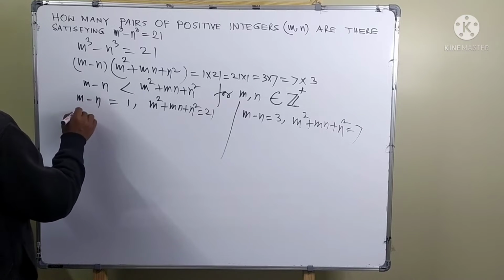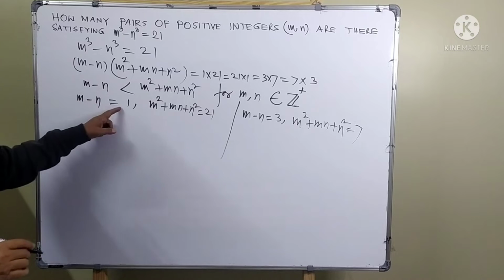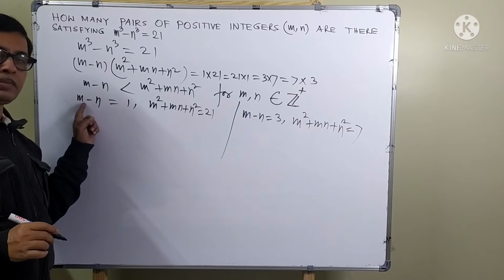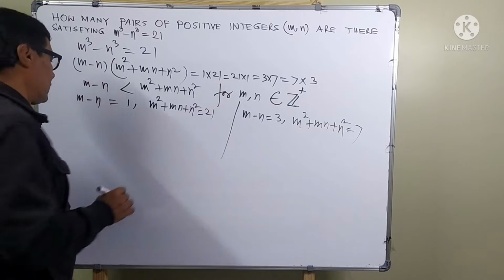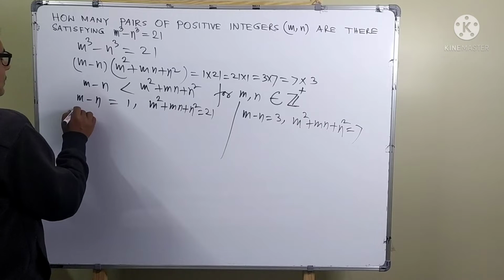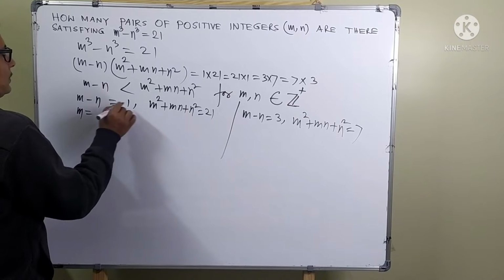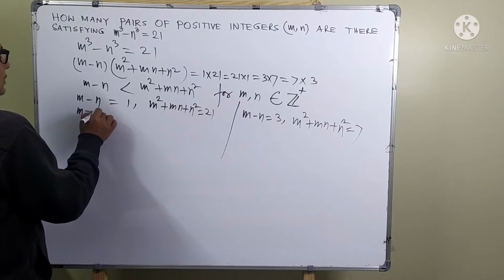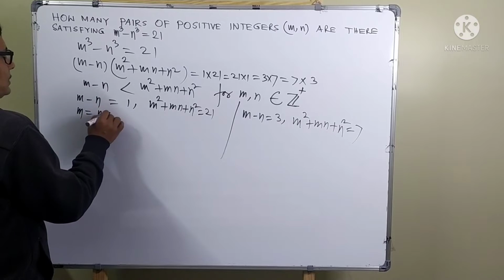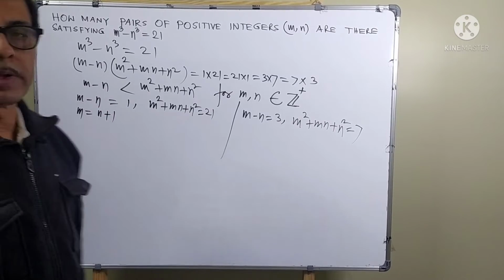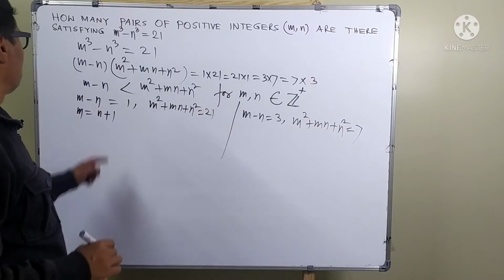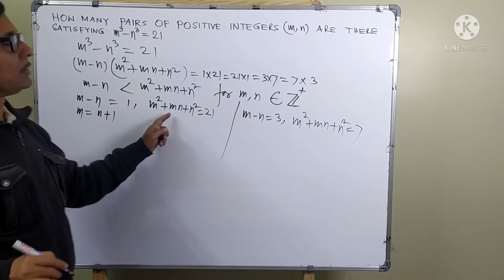So, we can express m in terms of n from this equation. In this equation, we can express m in terms of n, and this is m is equal to n plus 1. And also we can put m is equal to n plus 1 in this equation.